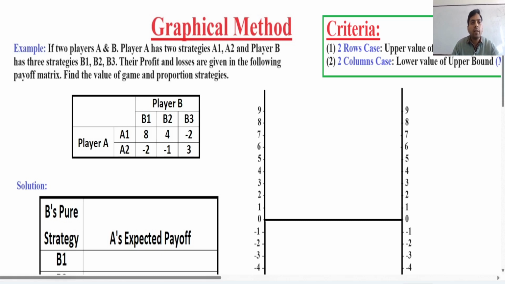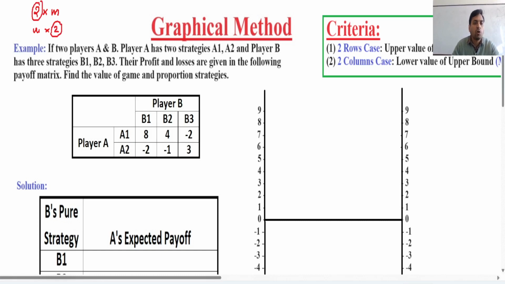We can apply the graphical method when we have the case of two rows and multiple columns. We can say this as 2 into m or 2 into n, or if we have two columns and multiple rows, we can also apply the graphical method. So there must be two rows or two columns for the graphical method.